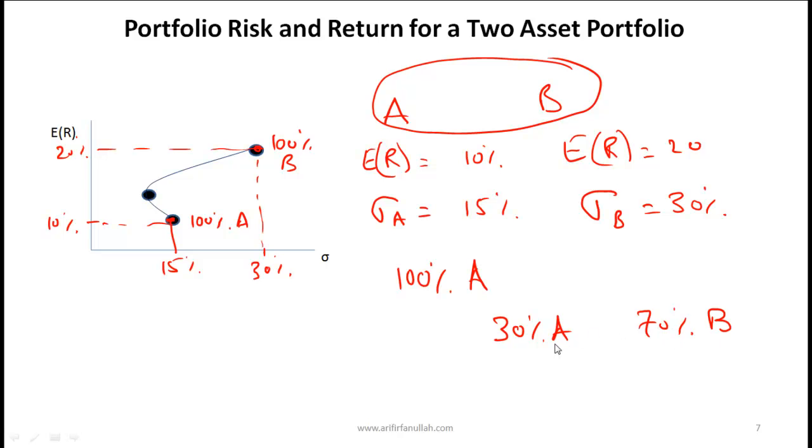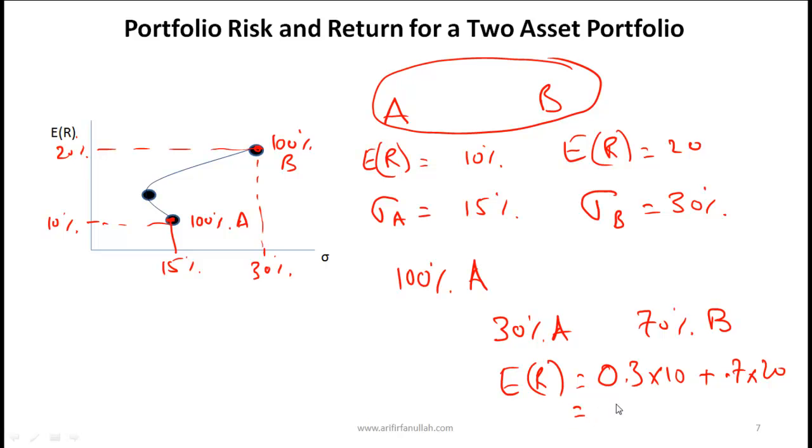What is the expected return of this portfolio? The expected return of this portfolio would simply be 0.3 times the return of A, which is 10%, plus 0.7 multiplied by the return of B, which is 20%.